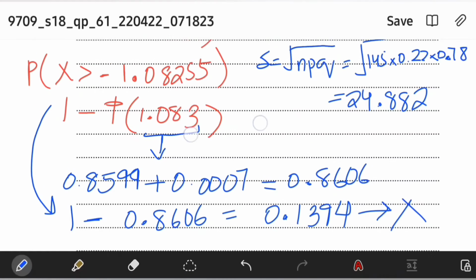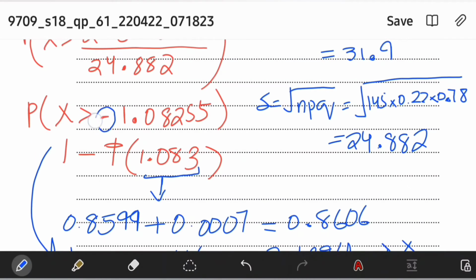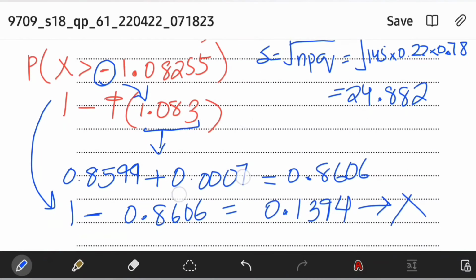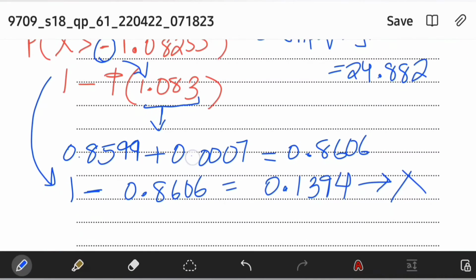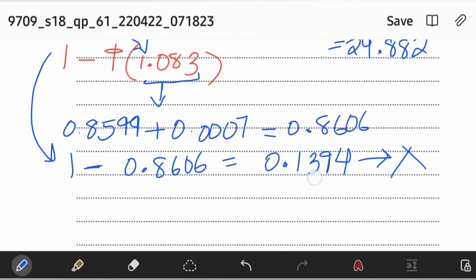Why? Because before there was a negative sign that we ignored here, but now we are going to bring it back in the game, and for this negative sign we have to subtract this answer from 1 again. So I did it double time to make you understand, but you don't have to do this.